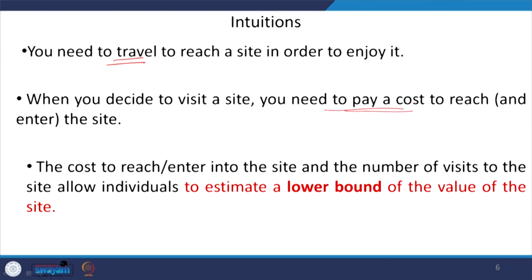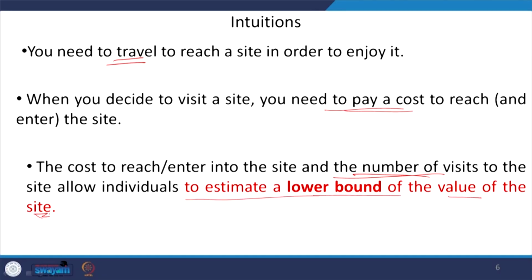And the third intuition he is making in the travel cost method is that when the traveler or visitor is spending his time and money in order to reach the site, the number of visits he is making to that particular site actually displays the lower bound of the value of the site for that individual.